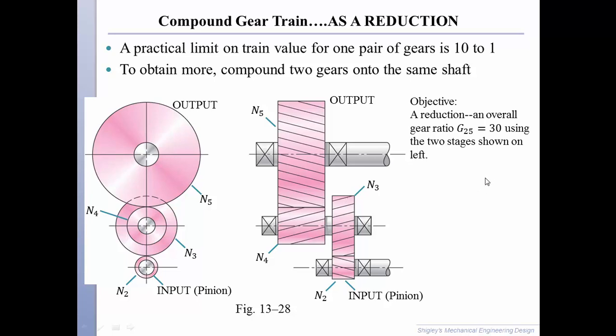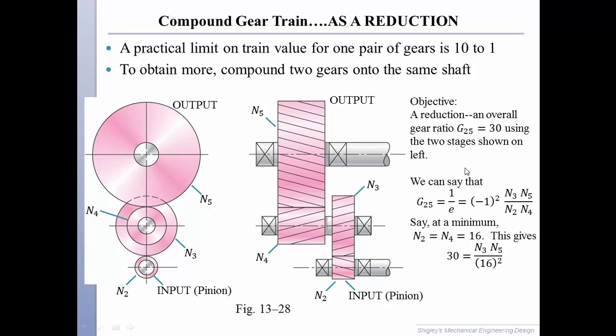Okay, so that's what we're going to try to do. So we can say that G25 is 1 over the train value, or -1 squared, since there are 2 external meshes, and then our outputs would be N3 and N5, and our inputs would be N2 and N4.